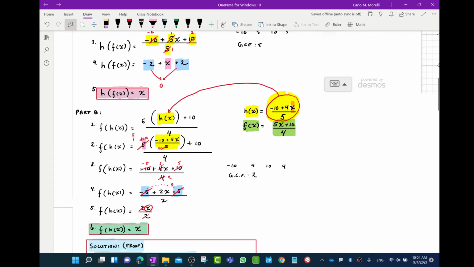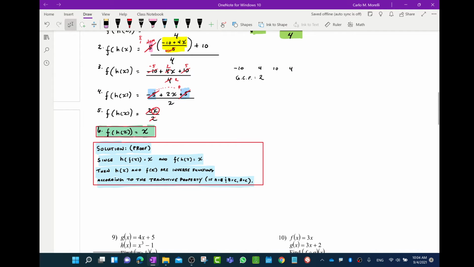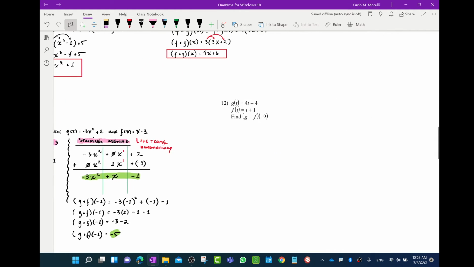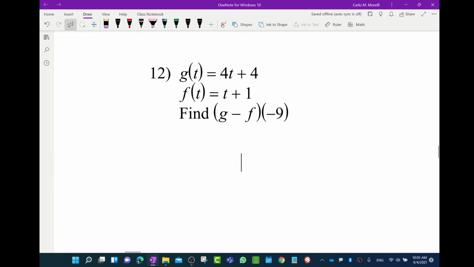So let's go here, and this is number 12, and we'll put number 12 right here. So here we're asked to subtract f from g first, okay?